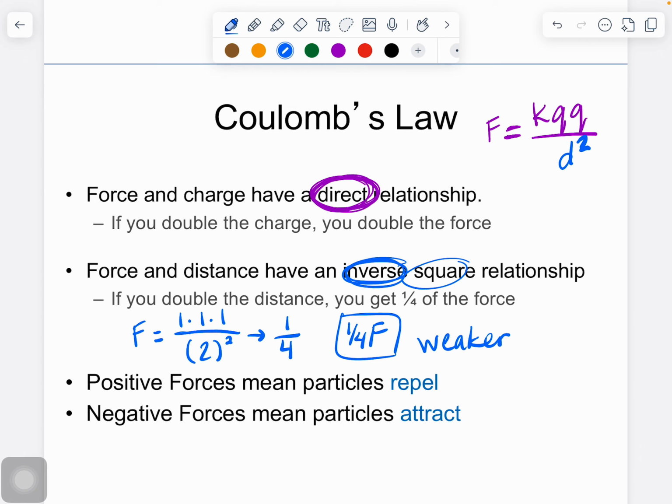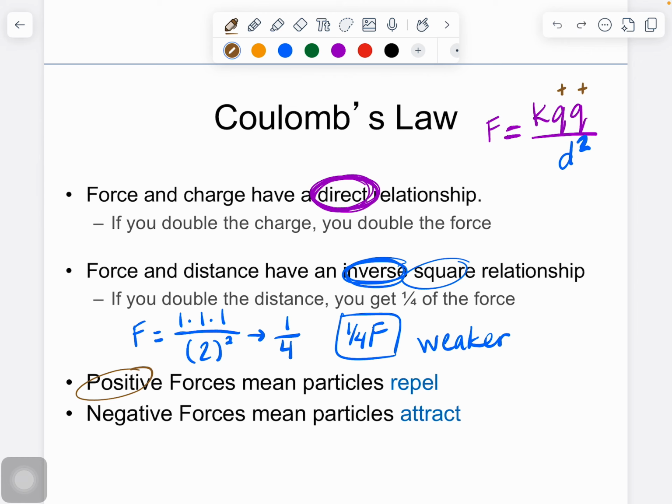Honestly, that just feels backwards to me, although it is correct. So rather than trying to remember whether a positive or negative force is an attraction, what I prefer to do is to just look back at my scenario. If I had two positively charged things, well, my answer is going to be a positive number. And so that means that these objects are going to repel. And that's why we see positive means repel in this statement here.